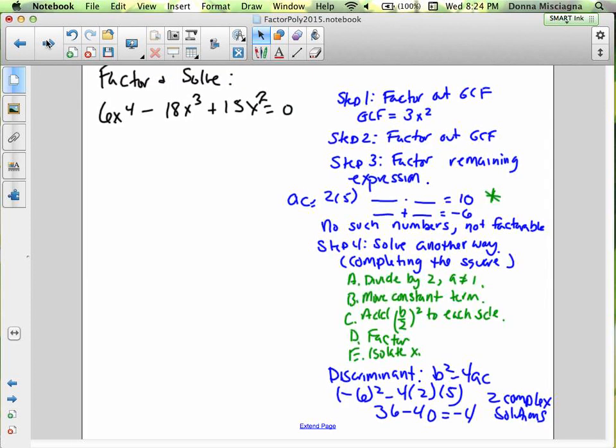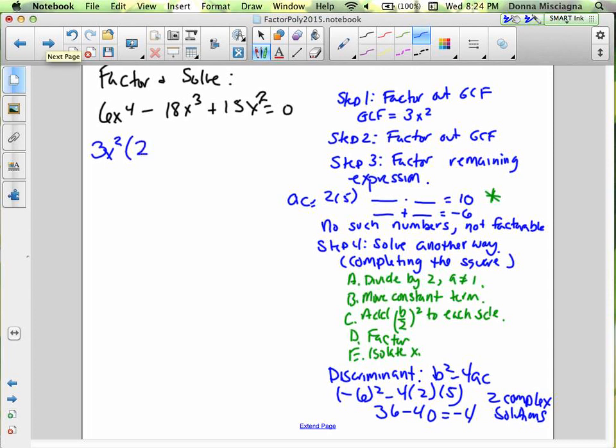Right? So let's take a look at this one. And I wrote it so pretty for you. And I'll try and keep to the colors there. All right, so here we're going to factor out the greatest common factor, which is a 3x squared. If we factor out a 3x squared, we're going to be left with a 2x squared, right? Because 6 divided by 3 is 2.